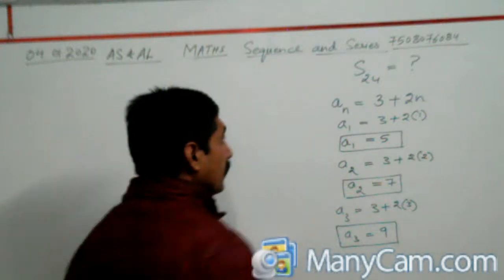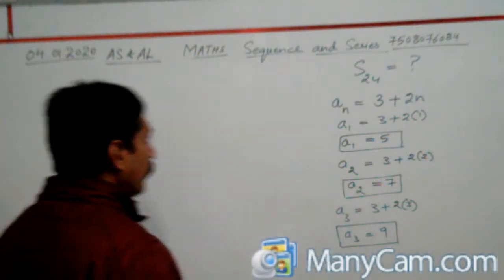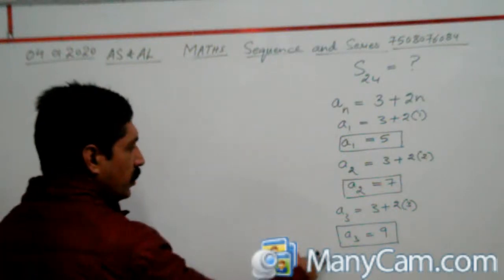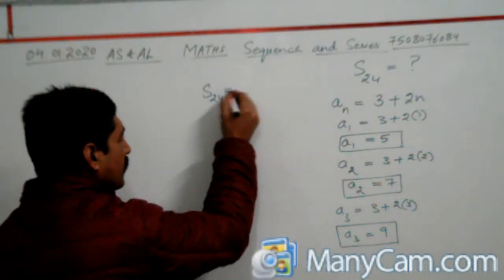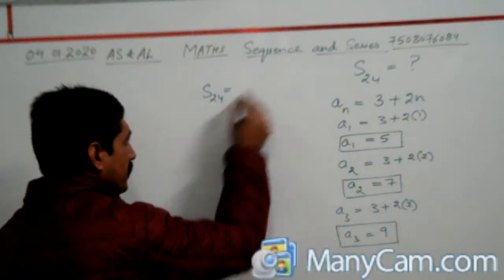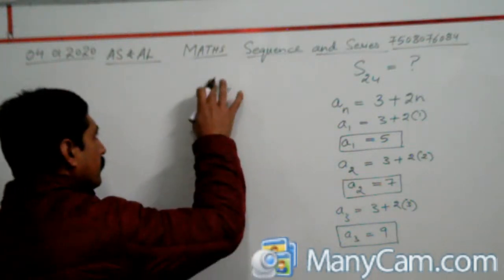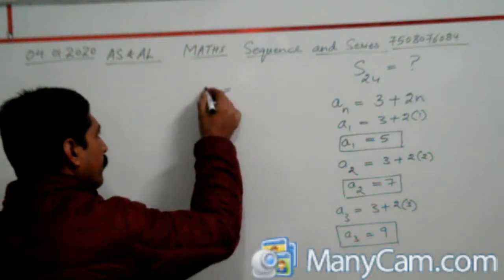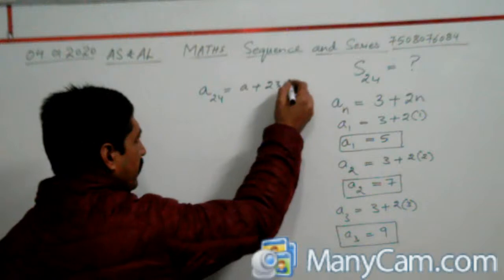Now if you want to find the 24th term, you can also use the formula. We want to find S₂₄, and for that I am talking about a₂₄. It can be written as a plus 23d.